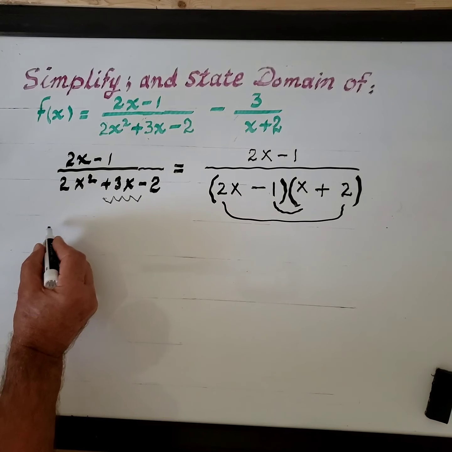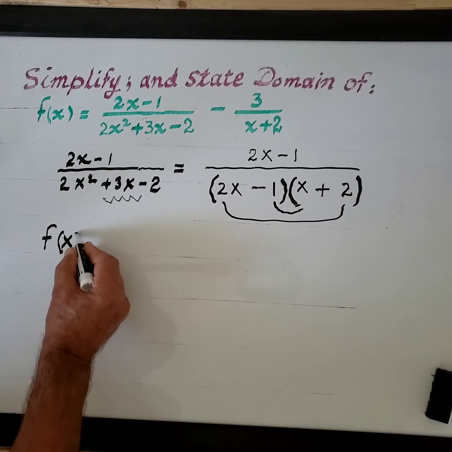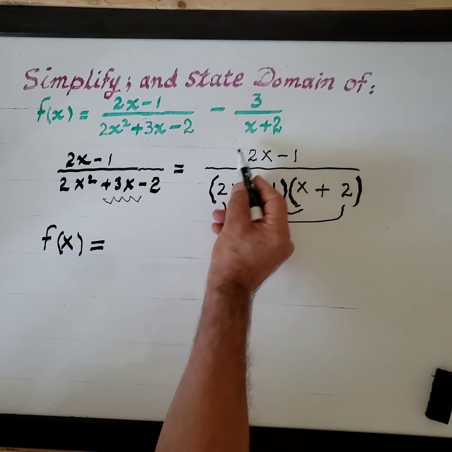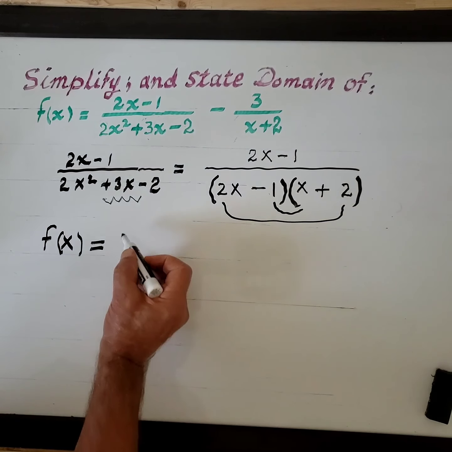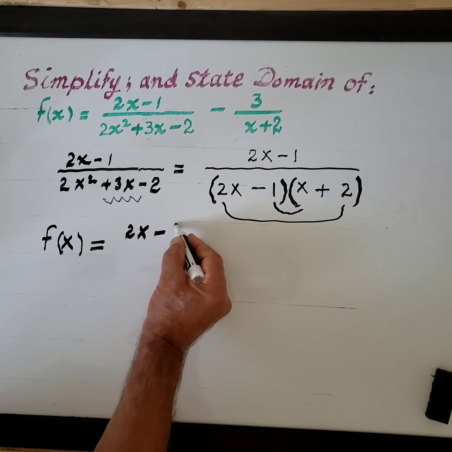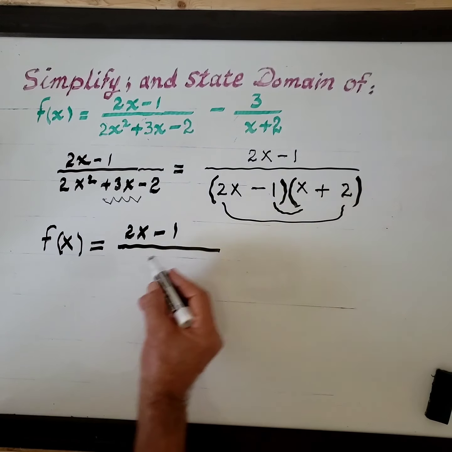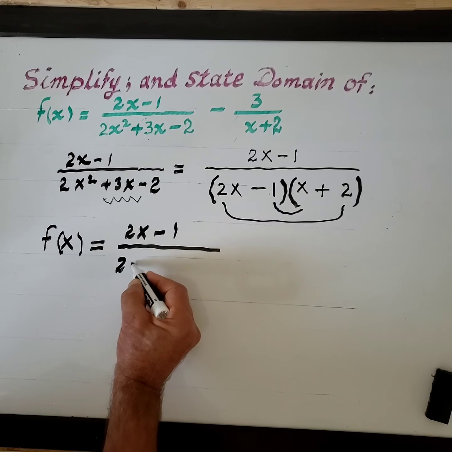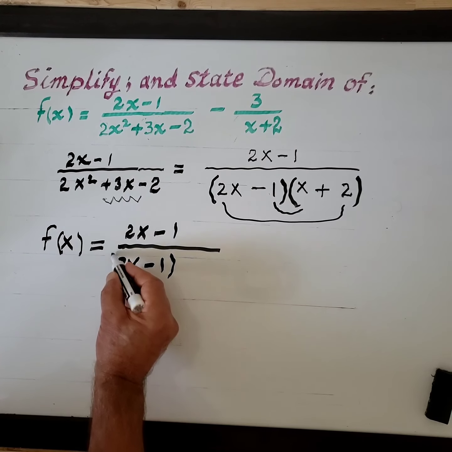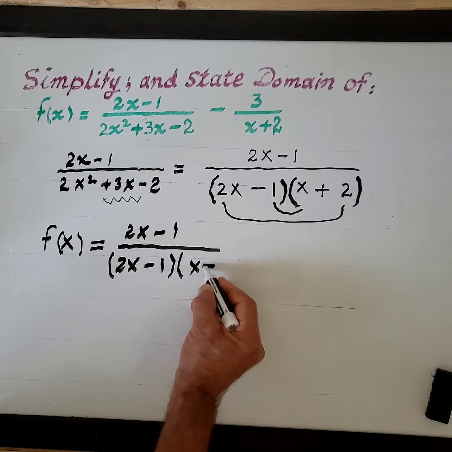So now I will write f of x instead of this. I will write its new shape, which is (2x minus 1) over those two factors, which is (2x minus 1) multiplied by (x plus 2).